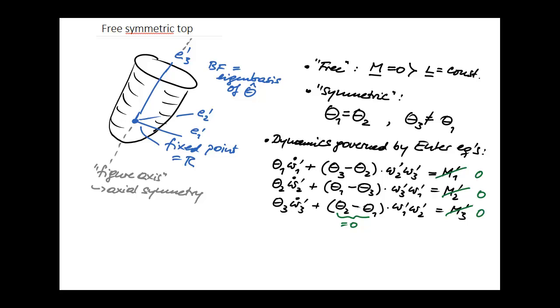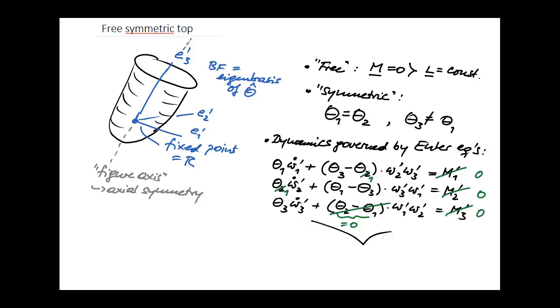So this term vanishes. And finally, wherever we have theta 2, we can replace it by theta 1. So in the first equation, here we have a theta 2, we can replace that by theta 1. And in the second equation, we have here a theta 2, and we can replace that by theta 1. These are the simplifications that we can immediately make due to the assumptions that we have.